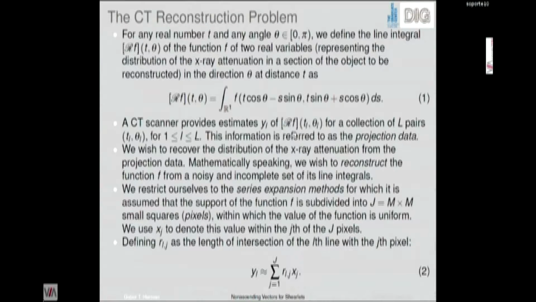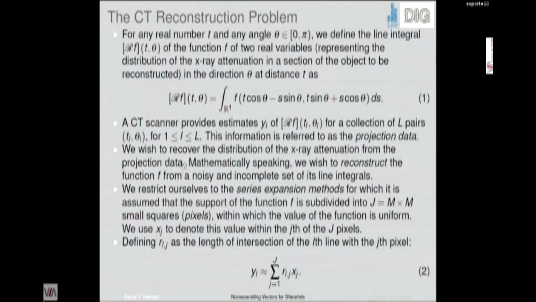An additional problem is that you cannot, I believe, design any physical device which will give you the exact line integral, so you will only get approximations. So we don't even have these finite samples, we only have approximations of the values of the Radon transform at finitely many points.